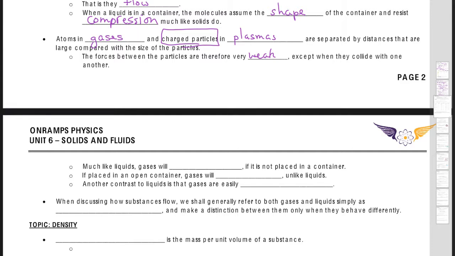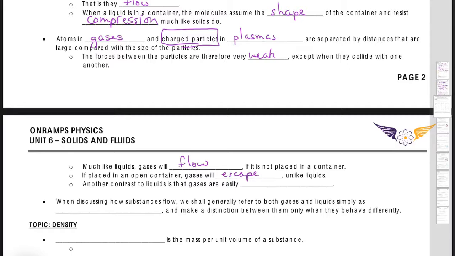And so what happens is, much like liquids, right, gases will flow. Oh, I misspelled flow. Right, if it's not placed in a container. So if it is placed in an open container, gases will escape, right? So there's your difference really between gases and liquids, right?